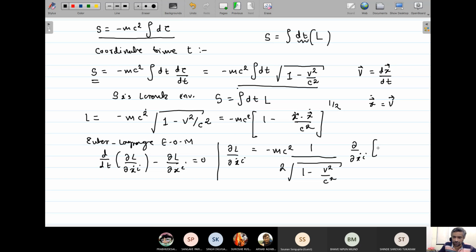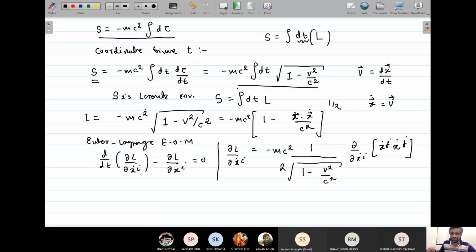This is a dot product, so I will use ẋ^j. As I told you, I don't have to bother about upper and lower indices now, because I have written it with respect to three vectors.